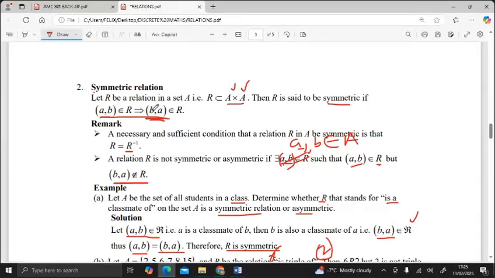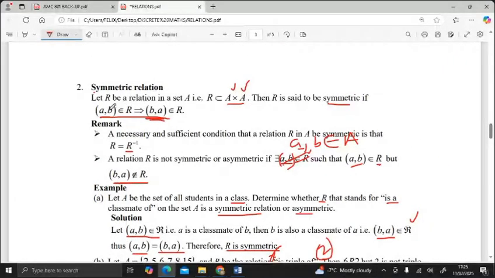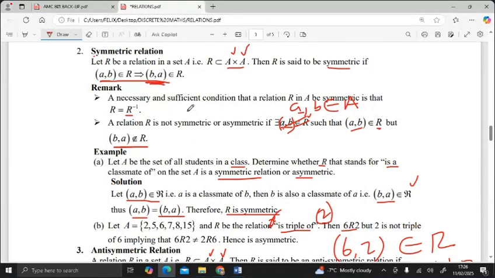That is good. Now, there is something I would want you to get a difference from. In the case of symmetric, we say that whenever A is R related to B, then B has to be R related to A. Now, how is it different?